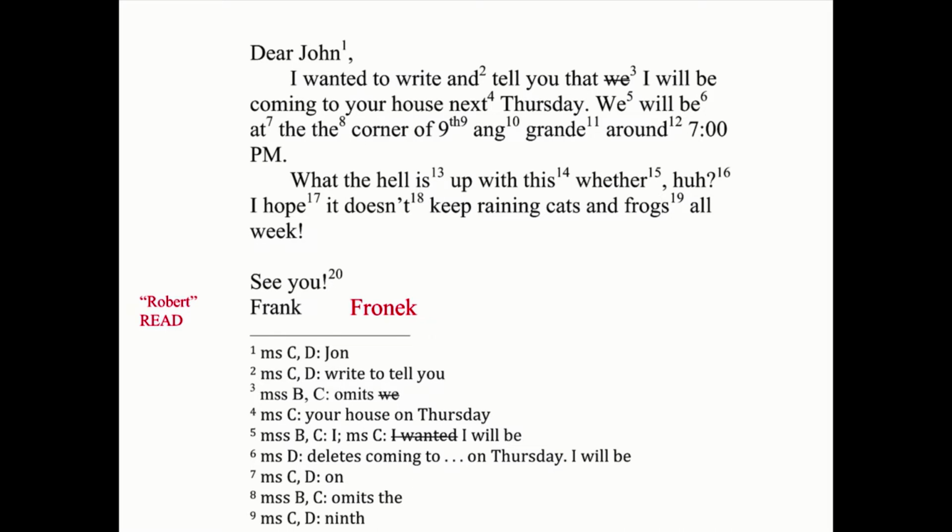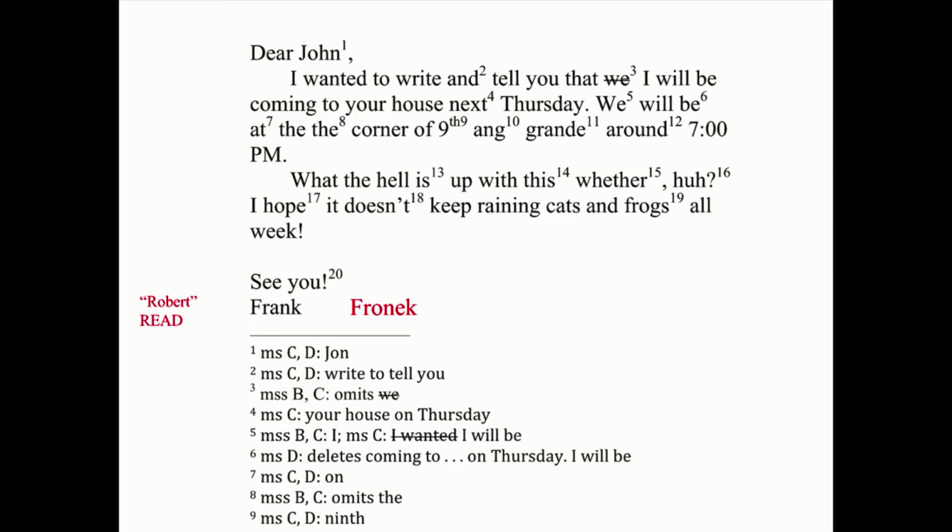So the person copying this didn't want to change the word Frank, even though he didn't think Frank was the right word. So he used the consonants for Frank, F-R-N-K, and the vowels for Robert, and put them together to make this weird looking word, so that we as the reader would be reading through and say, "CU Phronic." What in the world is that? Oh yeah, out here in the margin, Robert. He's got this little note that says, "Read Robert."